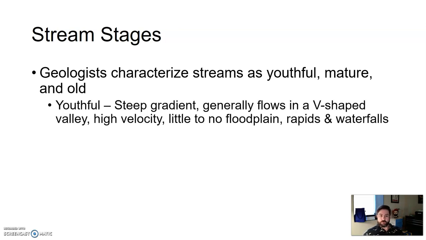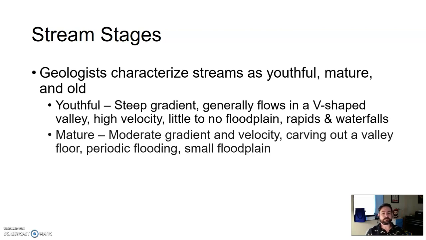A youthful stream is typically a younger stream with steep gradients, generally flowing in a V-shaped valley, with high velocity, little to no floodplain, rapids, and waterfalls. So, straight stream channels, those are typically youthful streams, streams starting up in the mountains in the high gradients. They're rather young.